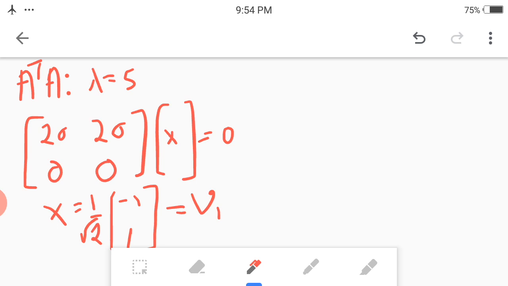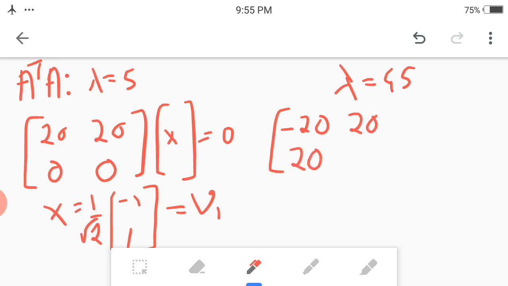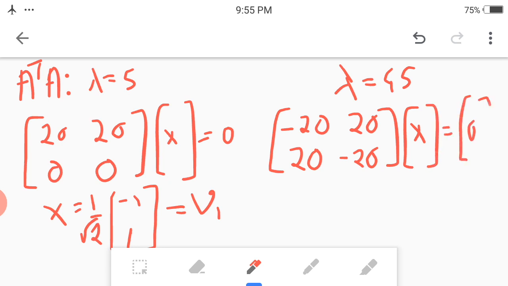Let's look for the second lambda. That's lambda equals 45. What will be your matrix? Your matrix will be 25 minus 45 is minus 20, 20, 20 and minus 20. So again, if you apply the row operation, your second row becomes 0. Correct?